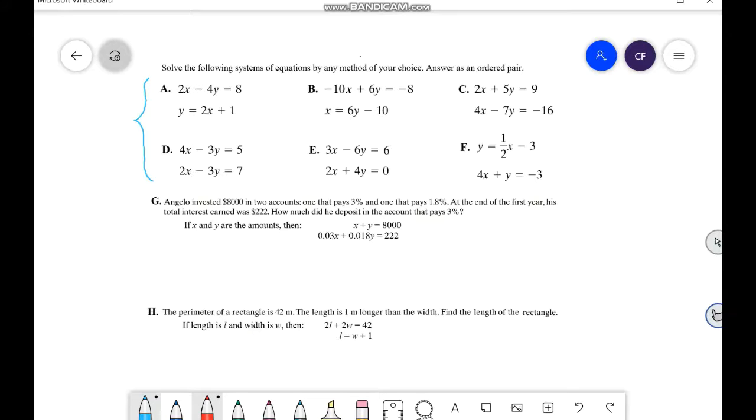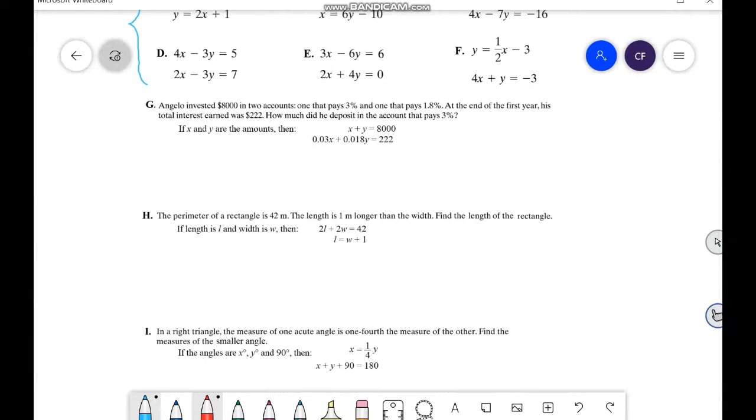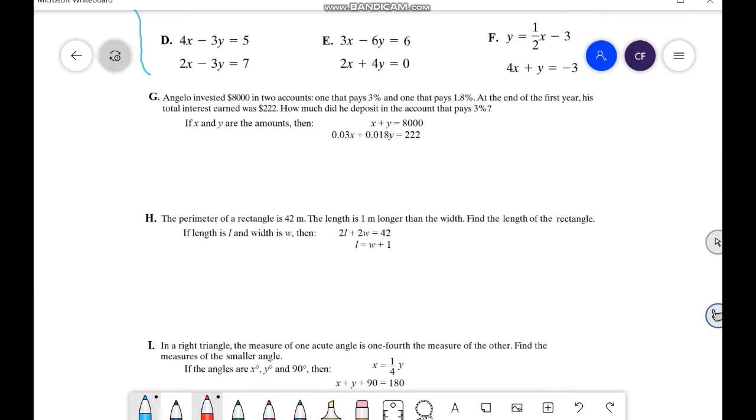For the second part we have a few word problems. And what is easier here is the word problems. You have to read, you have to understand. But the questions also bring you the system of equations. You don't need to model the system of equations. It's already given.